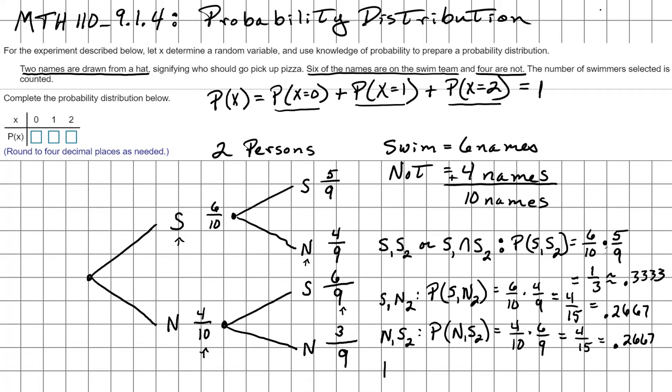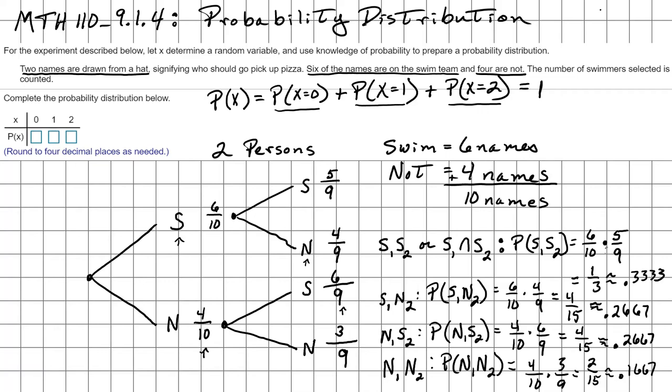And then finally, there's going to be the fact that the first name is not on the swim team and the second name is not on the swim team, which means the probability of this particular intersection will be equal to 4/10 times 3/9, which will be equal to 2/15, which will be approximately equal to, and these should have been approximately's up here, since we are rounding, 0.1667.